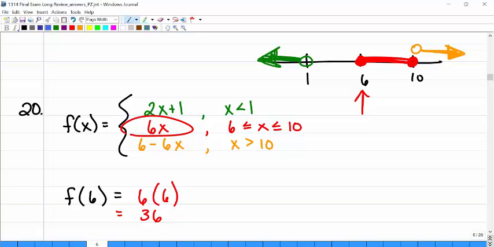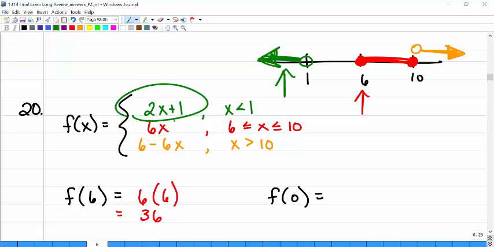Had this asked for f of 0, where is 0? It's here on the number line. So I would go to my green rule and say 2 times 0 plus 1, which is 0 plus 1, which is 1.